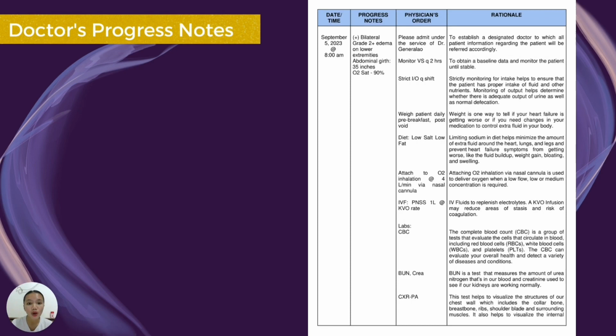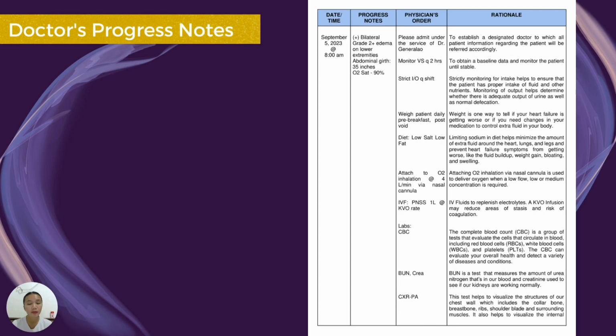And attached to oxygen inhalation at 4 liters per minute via nasal cannula, because a nasal cannula is used to deliver oxygen when a low or medium concentration is required by the patient's need. Now, IVF PNSS 1 liter at KVO rate, or keep vein open.